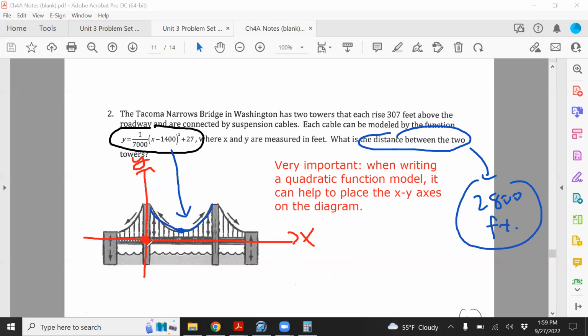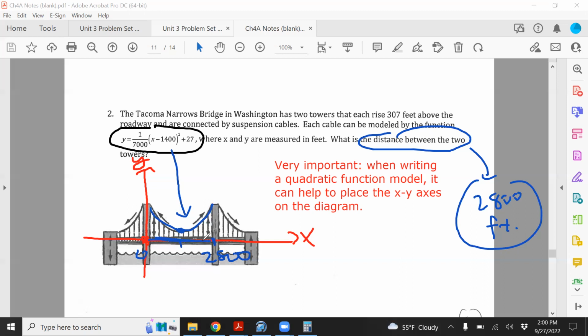The reason why is that it's exactly right, because that's at 1400. Therefore, this is at 2800, and this is at 0. So it's not really much to solve.